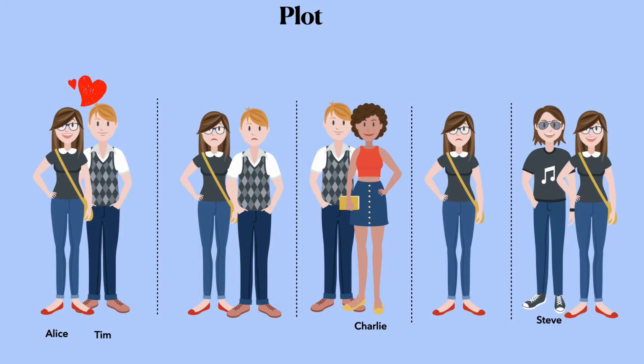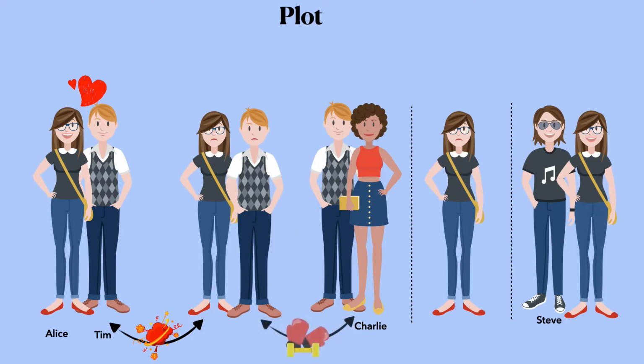So you have heard a lot of stories, but usually they do not sound like what I've told you about Alice and Tim. They sound more like this. Alice and Tim were in love, but as time went on, they started to fight a lot, which made both of them very sad. At the same time, Tim met Charlie at the local gym, and they fell in love.